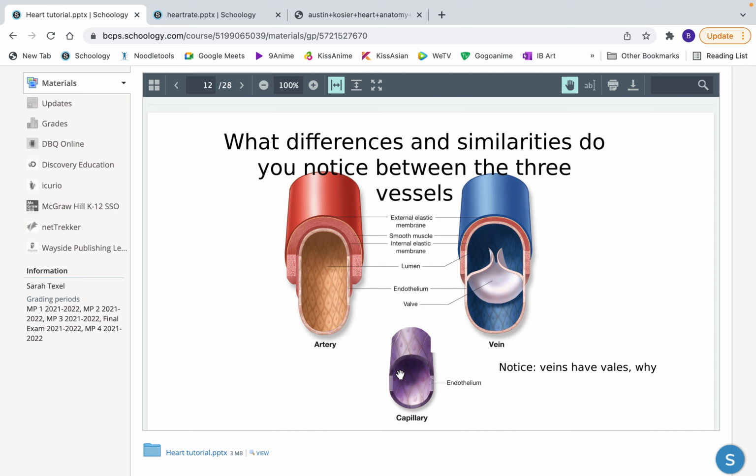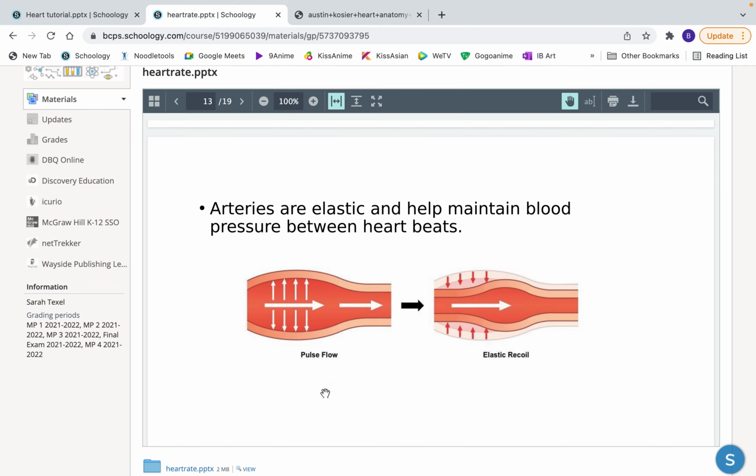Our next statement is the muscle and elastic fibers assist in maintaining blood pressure between pump cycles. So that goes back to what we were talking about over here with the pulse flow and then the elastic recoil. Because they are able to deal with this pressure here, and then from this pressure, put more pressure on the blood to force it forward, that helps to maintain blood pressure.